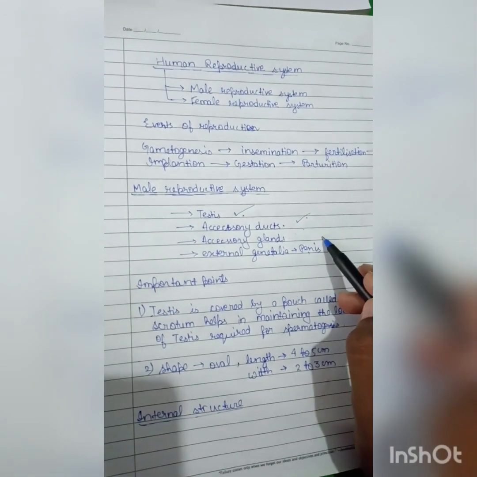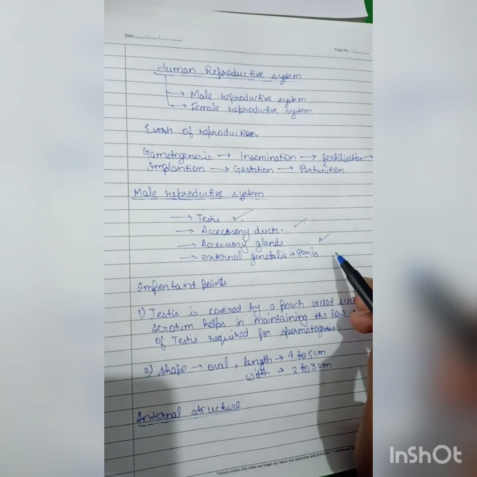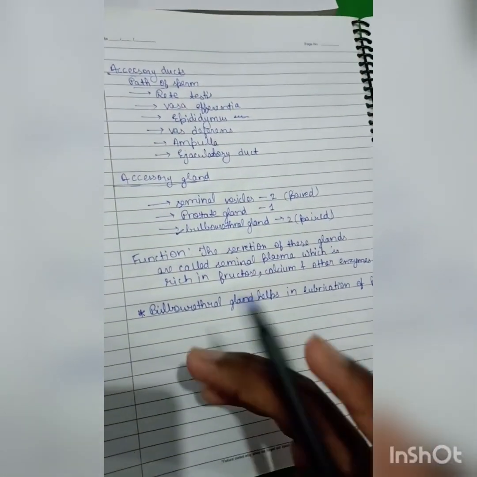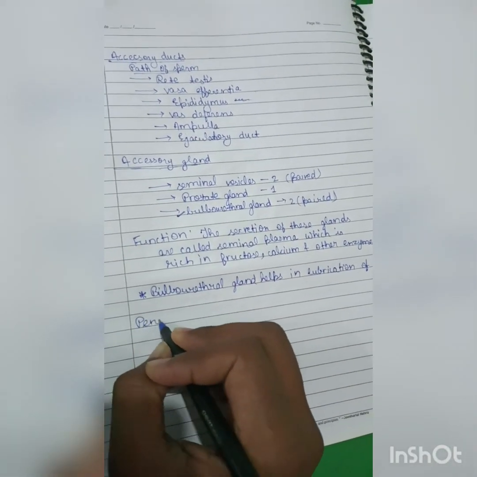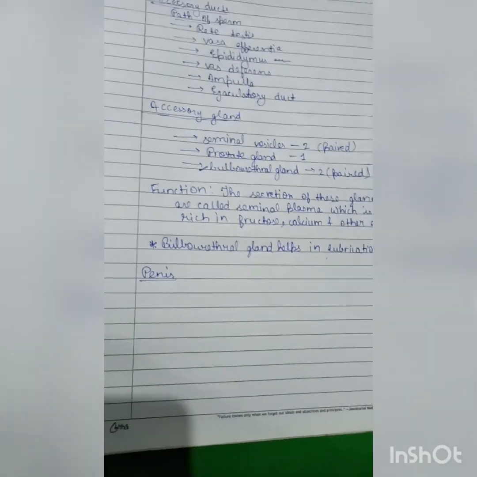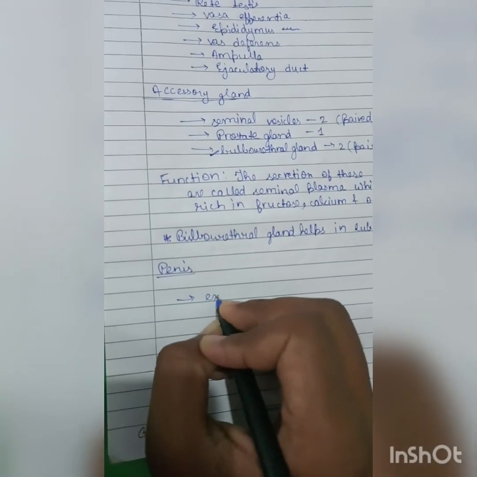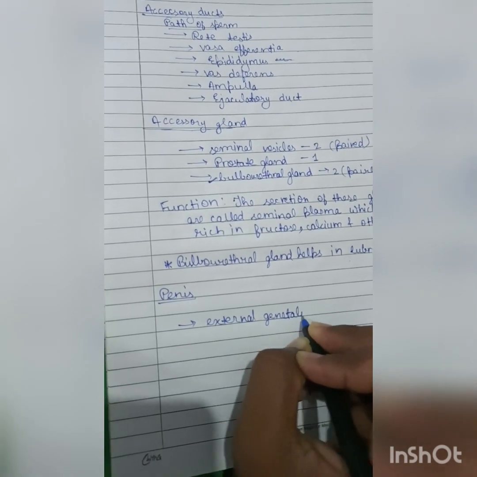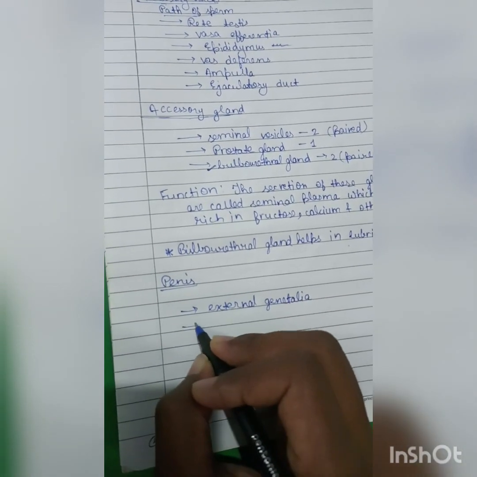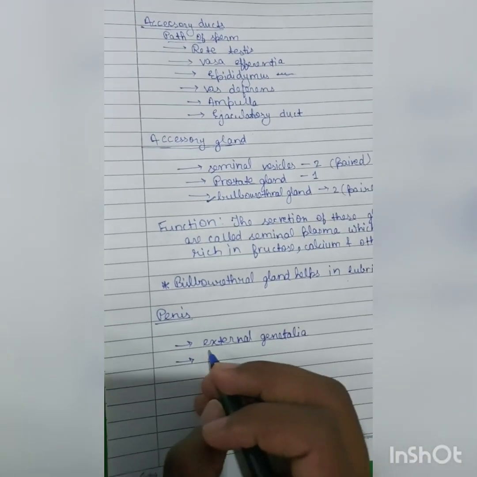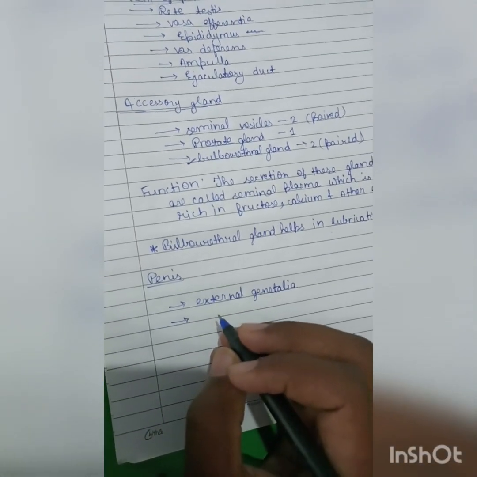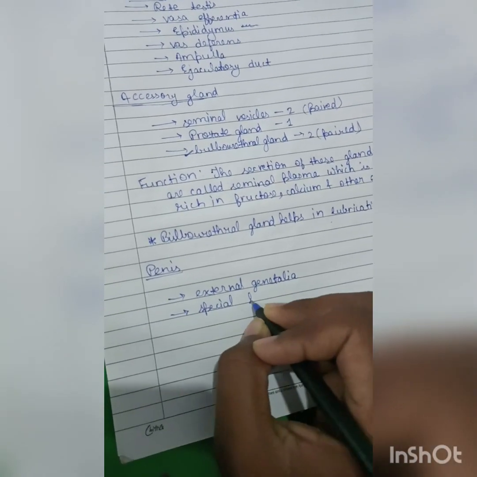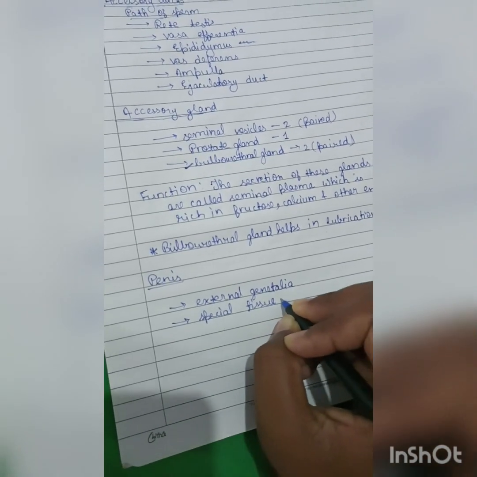After the accessory gland, we have the penis. We do not have much about the penis. We just have to discuss a few points about it. As we already know, it is the external genitalia, meaning it's present externally, and it is made up of a special tissue which has the function of erection.